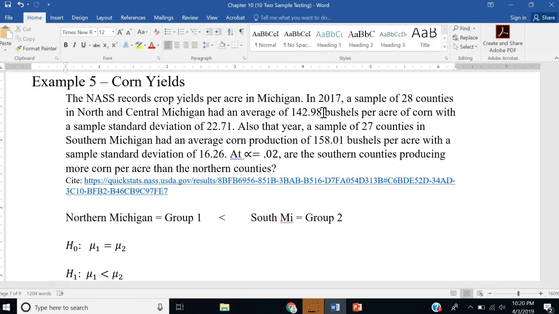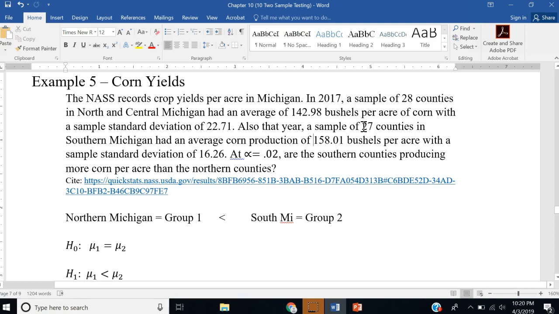So your inputs are 142.98 for your sample average, your 22.71 for your sample standard deviation, 28 for the size of your group 1. Your group 2 is going to have a sample average of 158.01, a standard deviation of 16.26, and a size of 27.